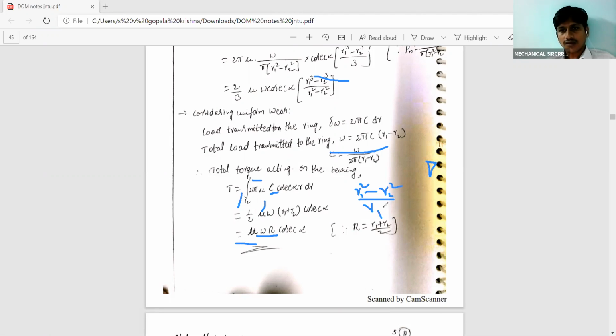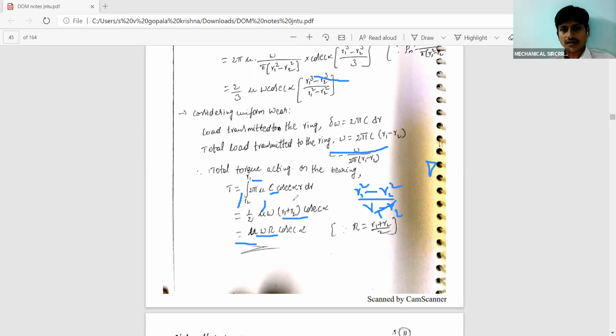So a square minus b square is (a minus b) into (a plus b), and the a minus b term cancels. The remaining term is only a plus b.